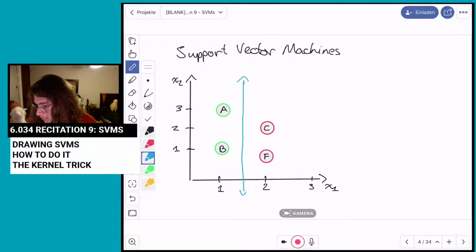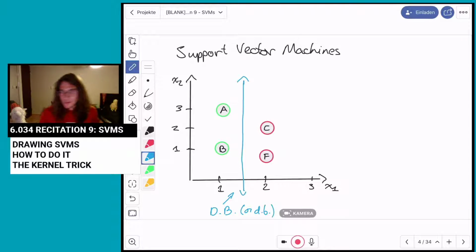I'm going to try my best to stick to blue when it comes to decision boundaries throughout the recitation. So needless to say, this is the decision boundary. I'm going to abbreviate it as DB just because decision boundary becomes a lot to write after the 5th time. And I'm going to add the following.